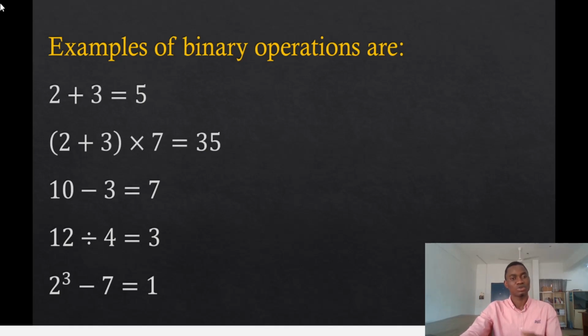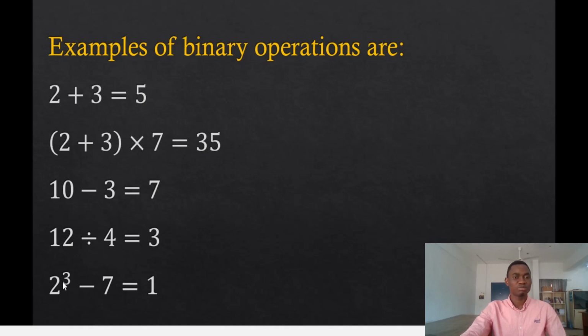Okay, let's look at this third one. 10 minus 3 is equal to 7. You see, 10 is an element of a set, 3 is an element of a set. Let's just say integer. 10 is an integer, 3 is an integer. So plus 10 minus 3 returns 7. So these are examples of binary operation. 12 divided by 4 returns 3. It's a binary operation.